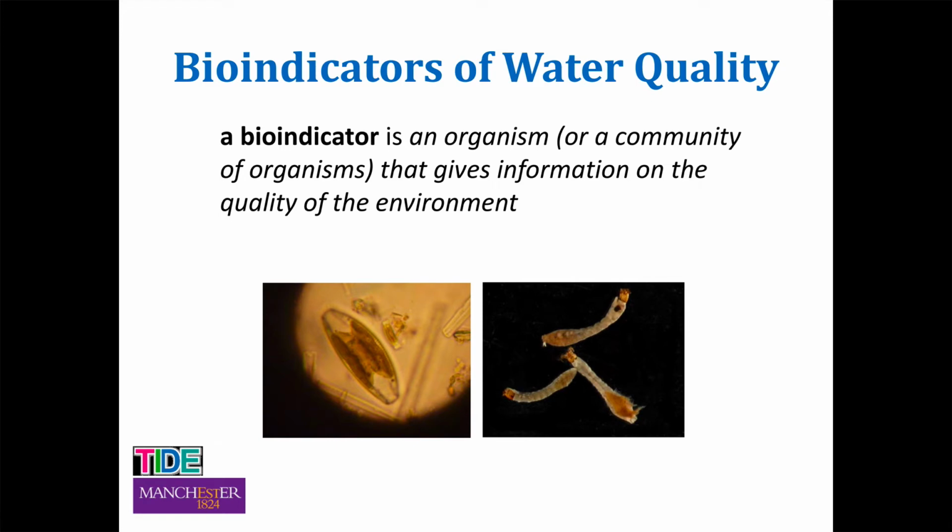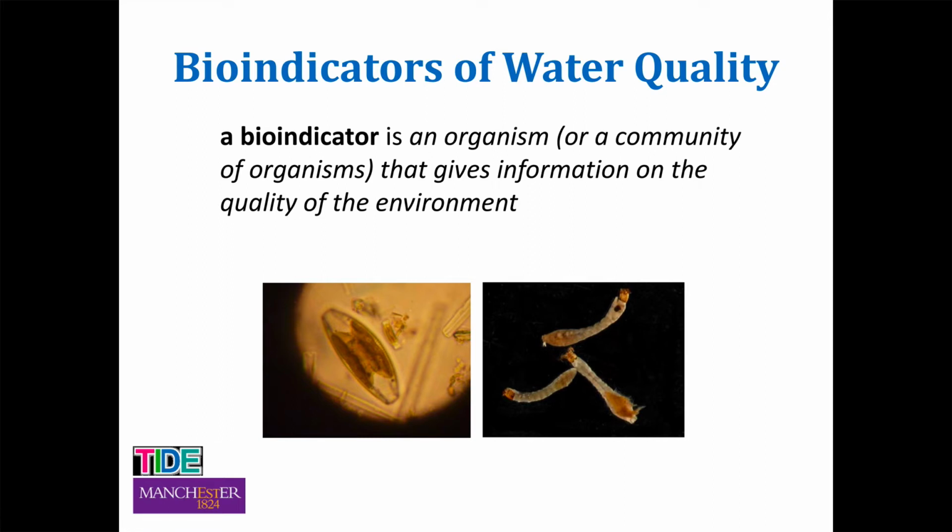So we're talking about bioindicators of water quality. What's the definition of a bioindicator? Well, it's an organism, or a community of organisms indeed, that give information on the quality of the environment. And here we have a picture of a diatom on the left and a macroinvertebrate on the right.